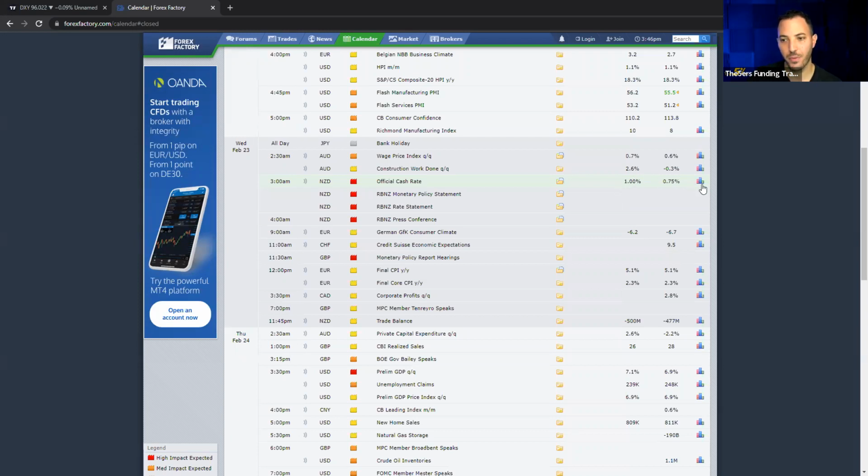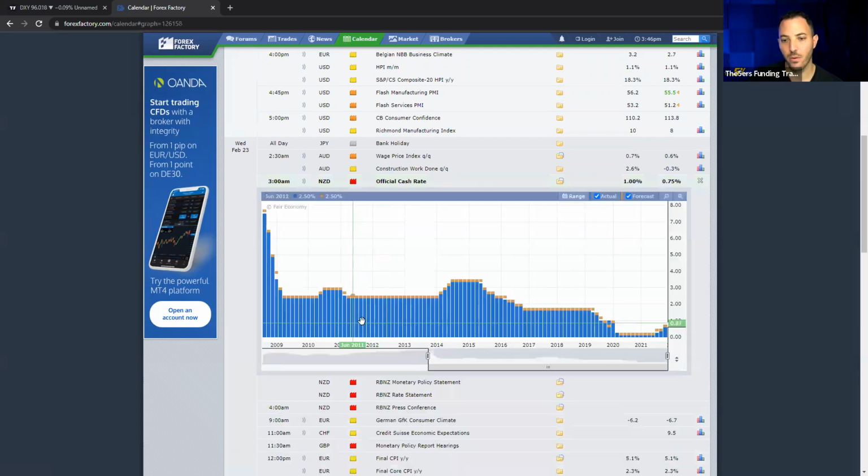If you click right here, on most of your calendars, you will see the blue chart is the forecast and the yellow orange one is the actual result, or the opposite.